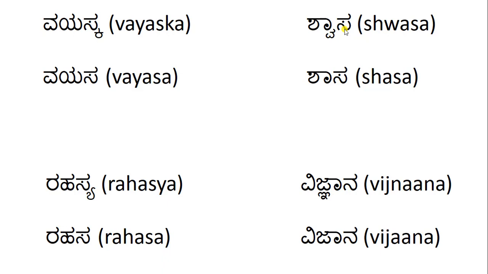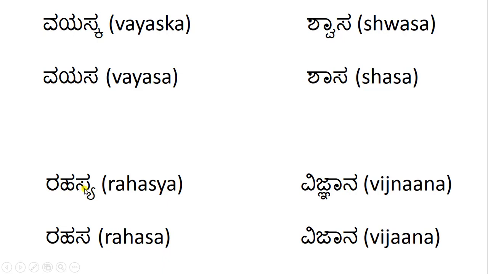Let us move to the next word. This is rahasya. Without this double consonant, it would be rahasa. Rahasa does not mean anything in Kannada. For sa, we add ya, the symbol of ya. It makes rahasya. I'll pronounce it slowly: rahasya.